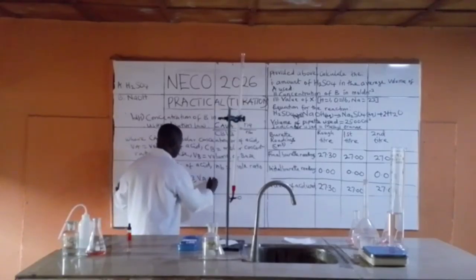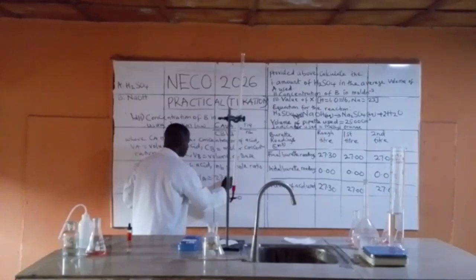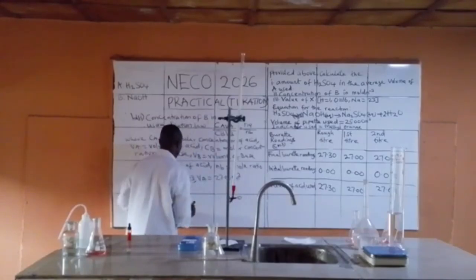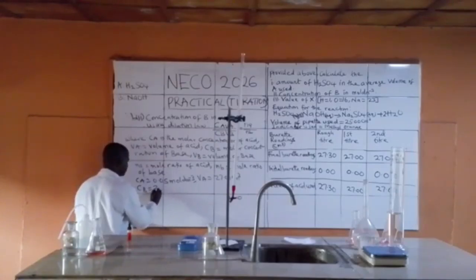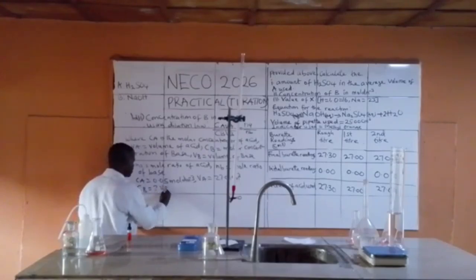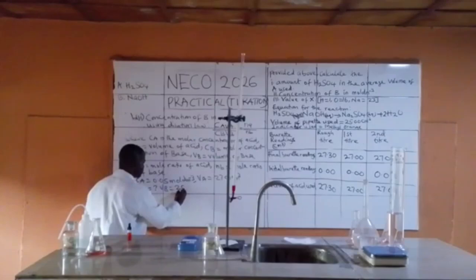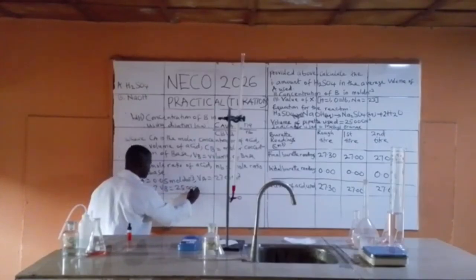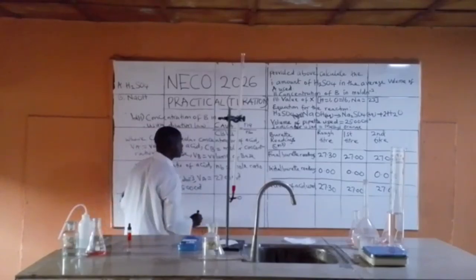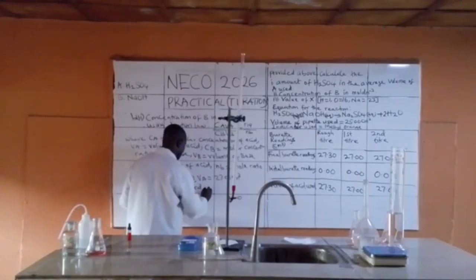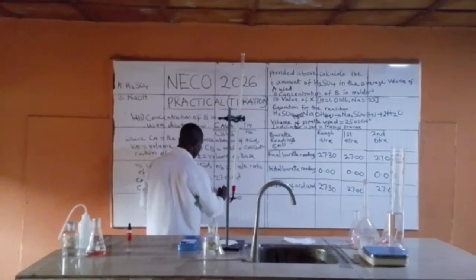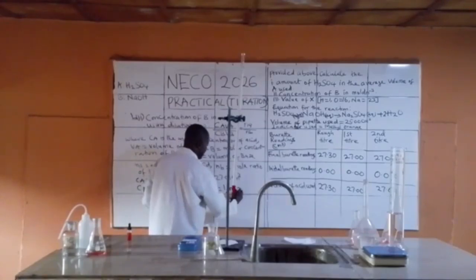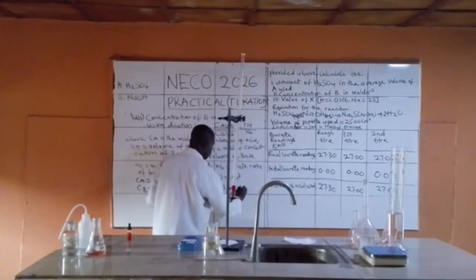VA is equals to 27.00 centimeter cube. CB is the molar concentration of base, which is to be calculated. Then VB is 25.00 centimeter cube. That is the volume of the base used. Then our NA from the balanced equation is 1. NB is 2.